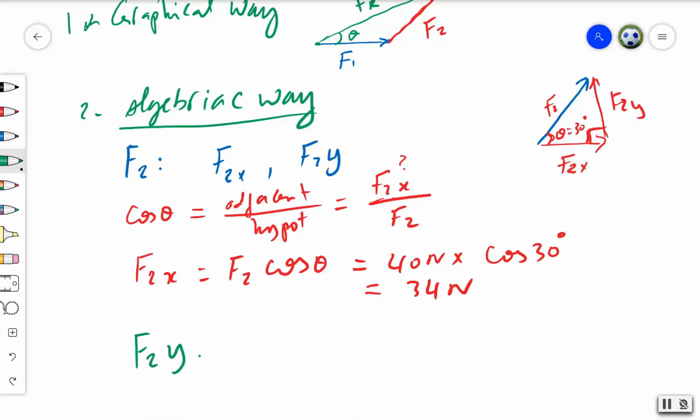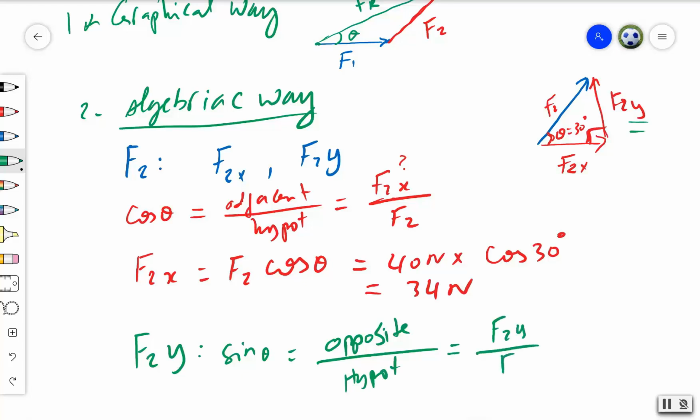Now, what about F2y in the y direction? This is the component of F2 in the y direction. So we take sine theta, which is the opposite over the hypotenuse. And this gives me F2y over F2.